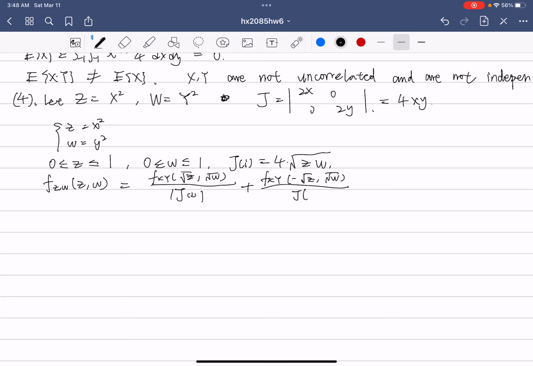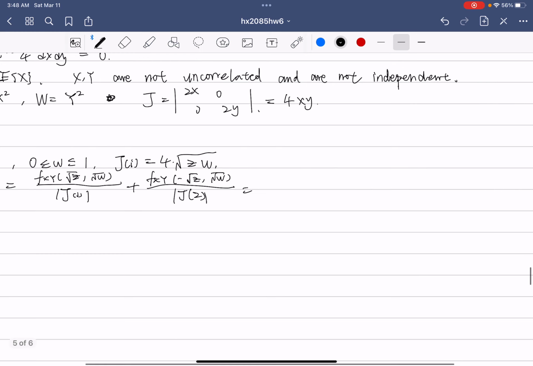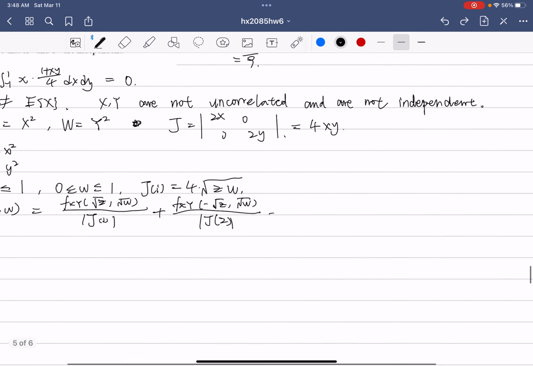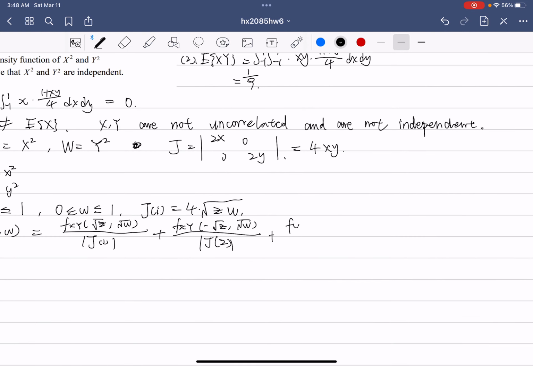Same as the first part, we need to calculate, sorry, it's not equal, it's plus. We need to calculate the last 3 parts.